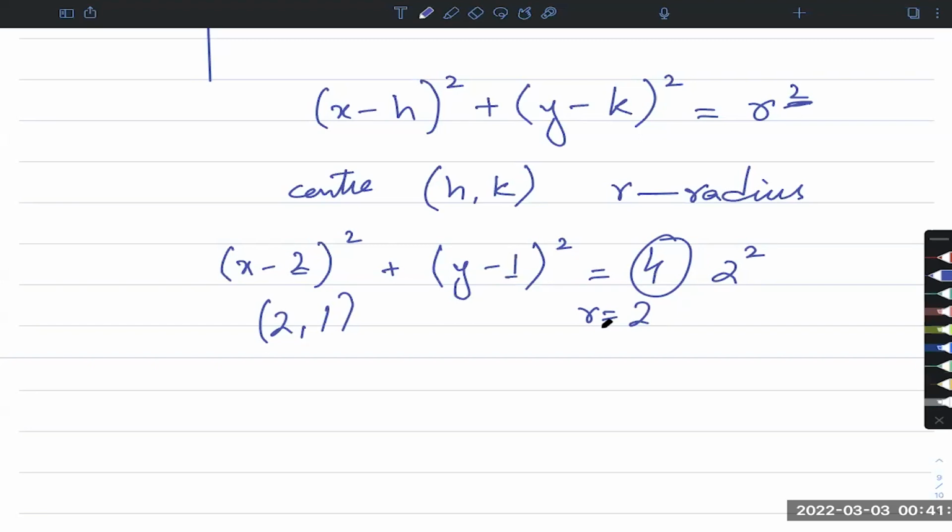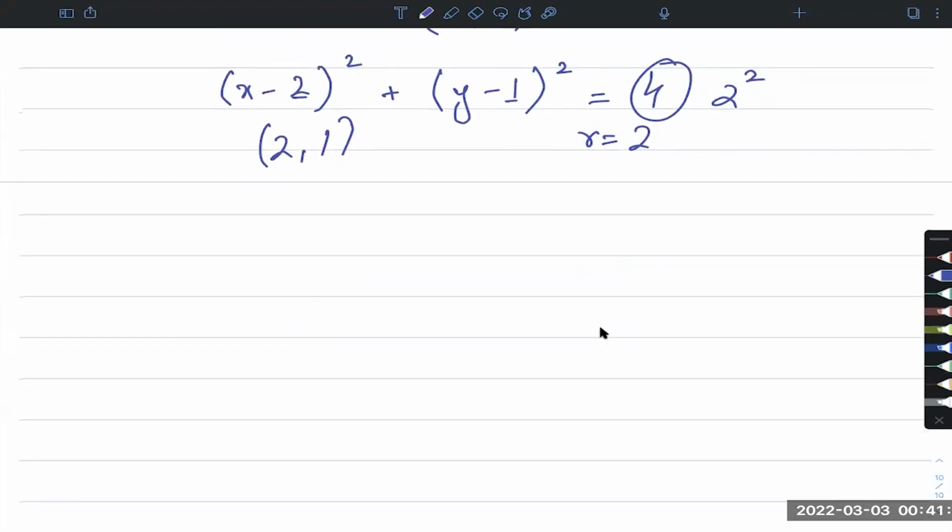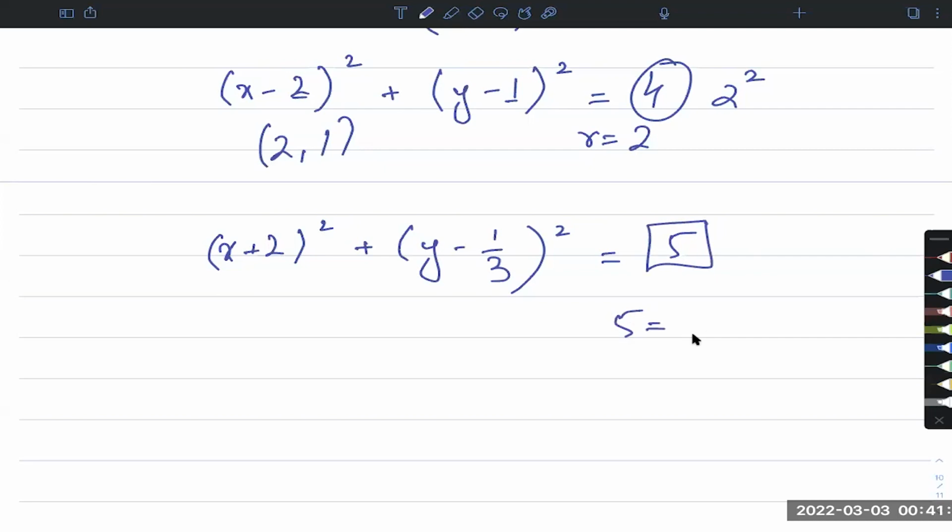Okay? अच्छा, if I had x plus 2 whole squared plus y minus 1 by 3 whole squared equal to 5, then what's my radius? This is always equal to r squared, right? So my radius is going to be square root of 5.